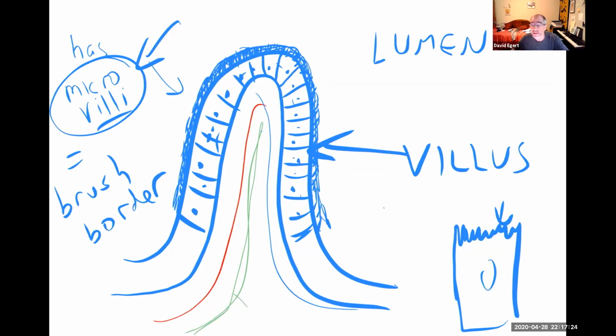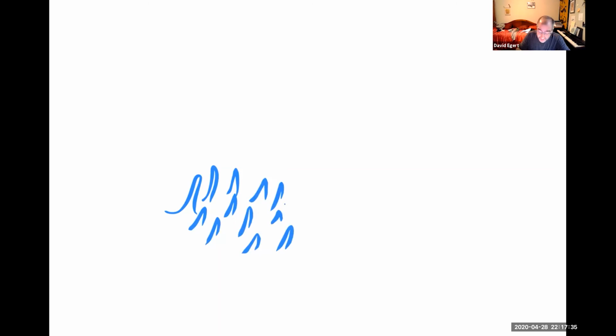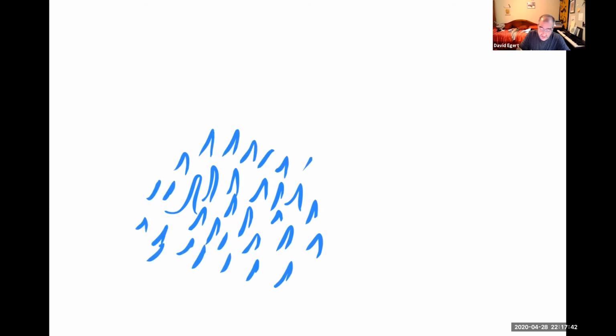It looks soft and velvety, because the reality is it's all these little villi increasing the surface area. So even from a macroscopic, gross level, you can tell that it looks kind of like velvet. It's got a texture.